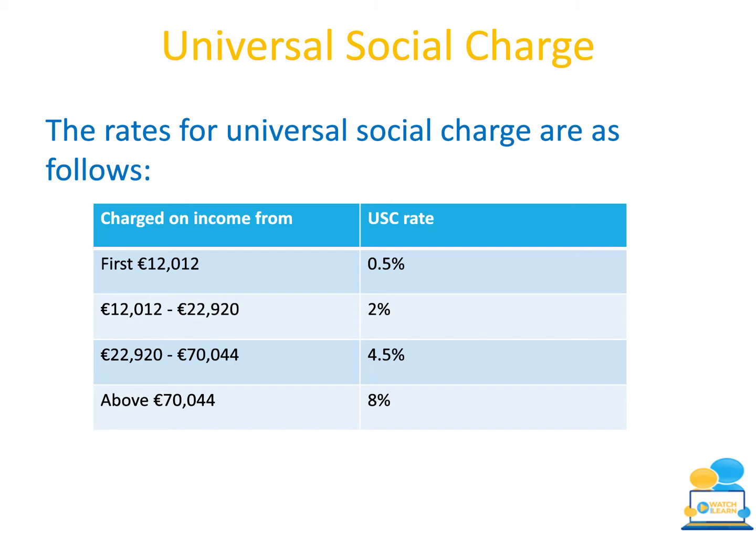So your first €12,012 just gets taxed at 0.5%, and you don't tax that money again. It moves on to the next part of your money, depending on how far your annual salary goes up until. So once we take a look at the next example, it'll become a bit clearer, but it's pretty much the same as what you did there for the standard rate and higher rate tax. Just depends, you might have to do it more times depending on how far your salary goes.